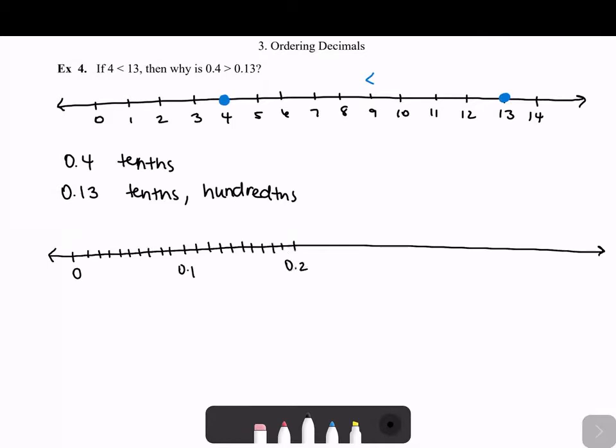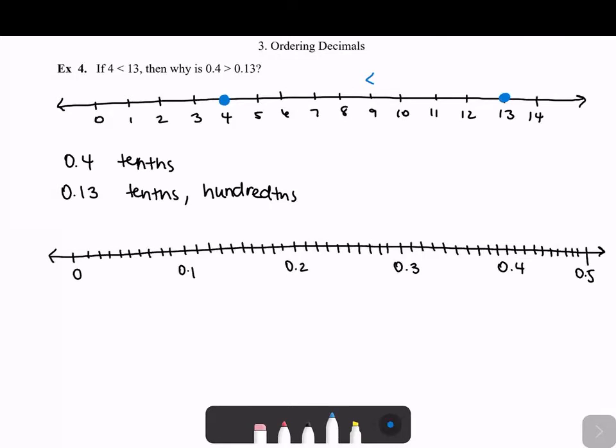That's going to be 0.2. That's going to be 0.3. That's going to be 0.4. And lastly, we're going to have 0.5 over here. Each of these little tick marks represents a hundredth. So there's 50 here. 50 out of 100 is half.